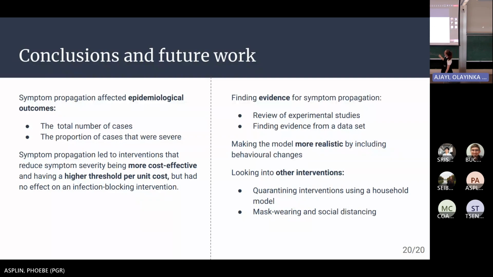So I want to expand this to have a household model where there'll be reduced transmission in the wider community, but within your household, you'll still have increased transmission. And I think that will account for some of the lack of realism and also potentially could relate back to the data set question.